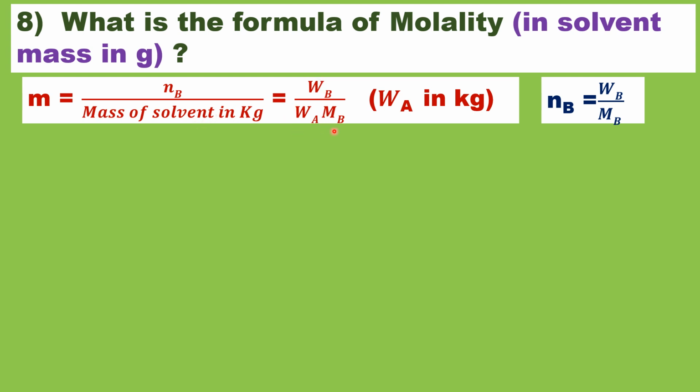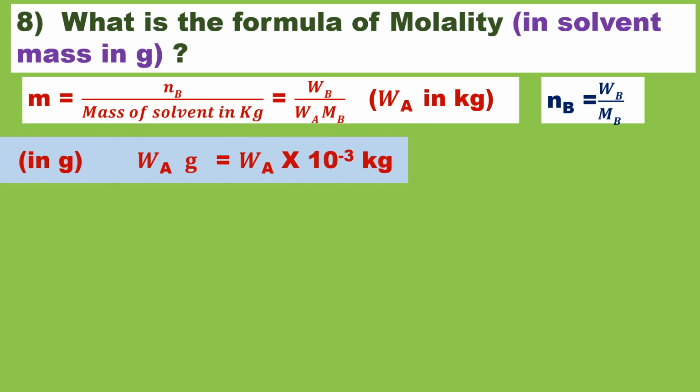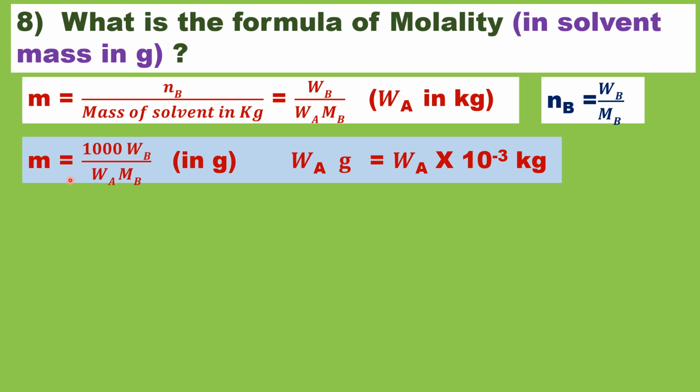So, WB by MB into weight of solvent in kg. So, this is in kg. This formula is used when the solvent weight is given in kg. This is the formula used when the mass of the solvent is in gram.